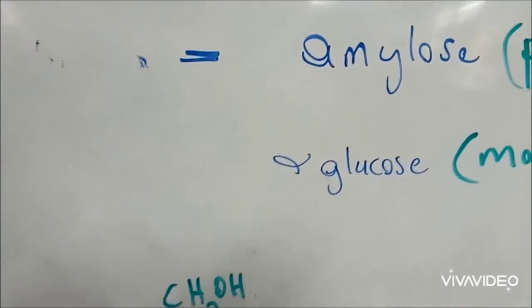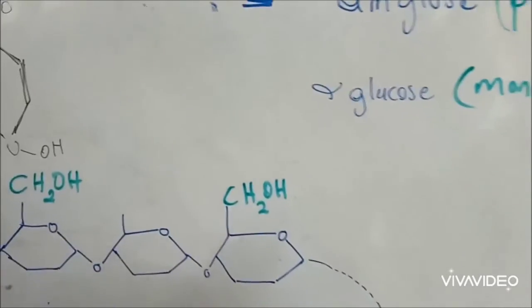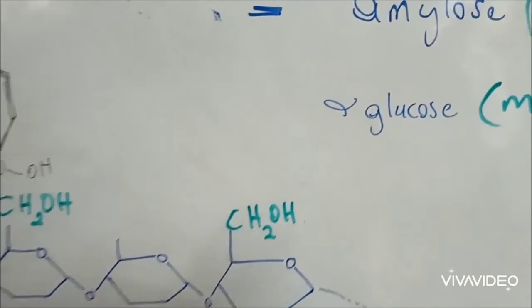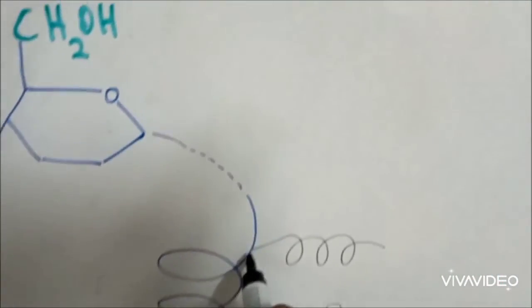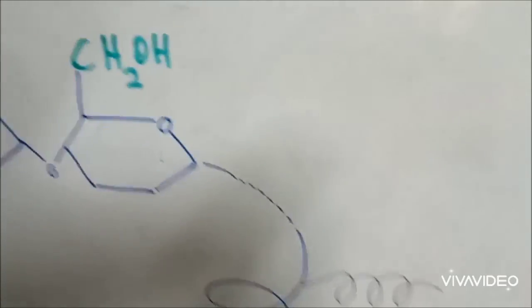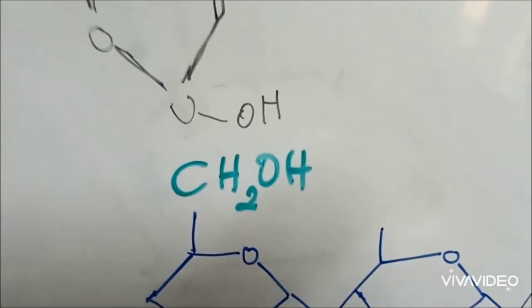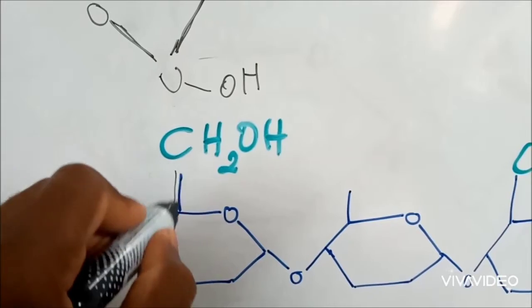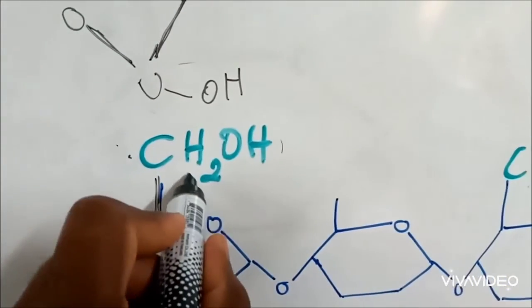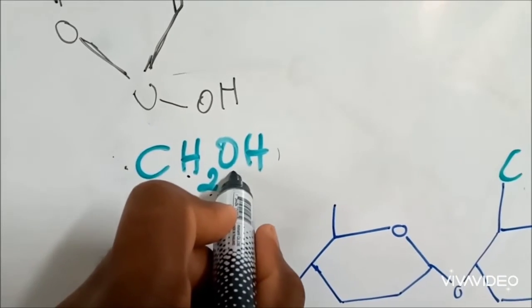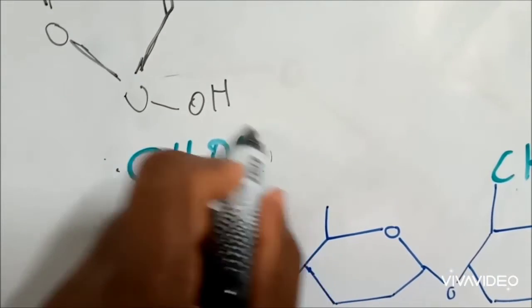Now there's a second example of a polysaccharide. We call that one glycogen. Now how glycogen exists is that there are going to be branches. So let me show you how the branches come about first. So remember we have carbon 6 up here, and remember we always write carbon 6 with H2O, H2 and OH.